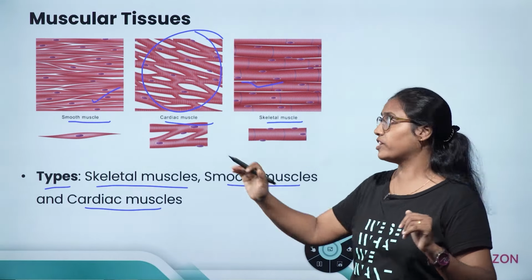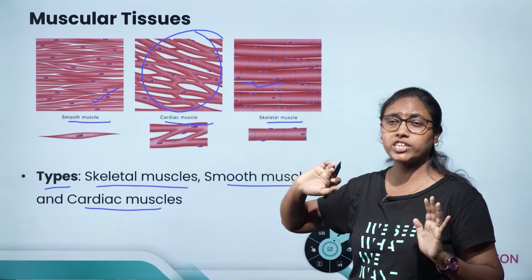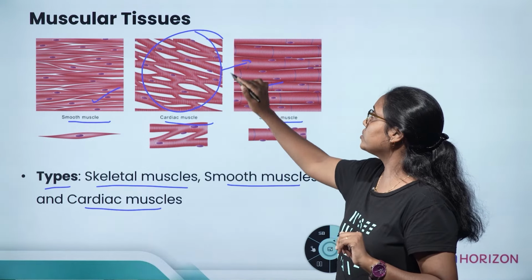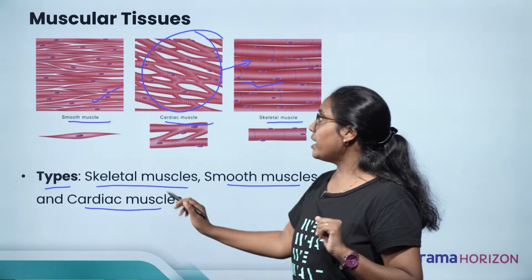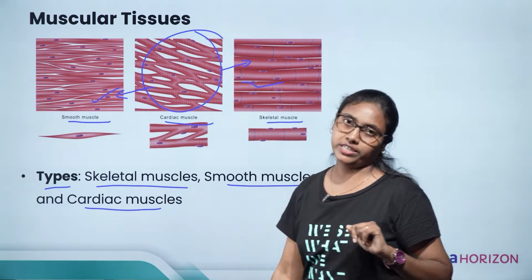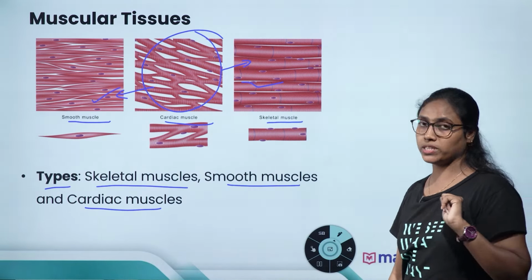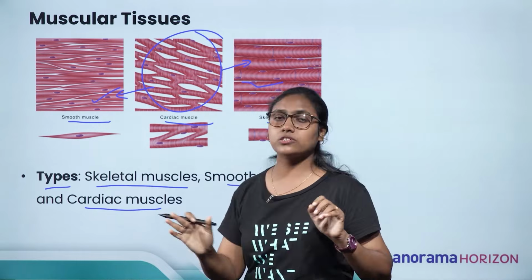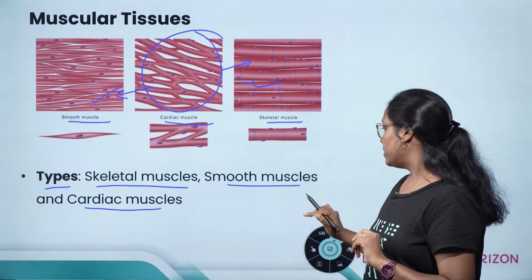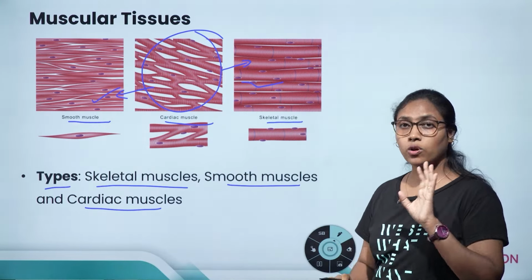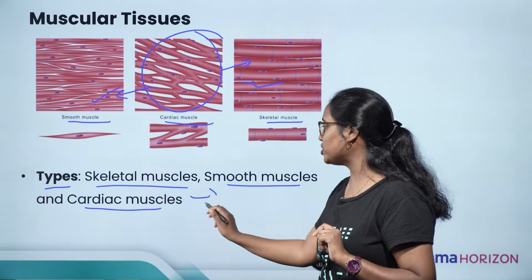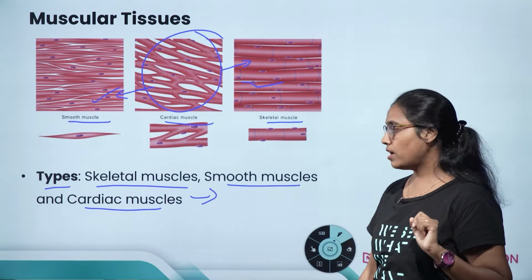Branches will be there, that's a different thing, but you will be finding striations here, that's the characteristic of skeletal muscle. But it is involuntary, that's the characteristic of smooth muscle. Okay, so it shows the characteristics of both types of muscle. It is seen in the heart. So hence this is a special muscle seen only in the heart.